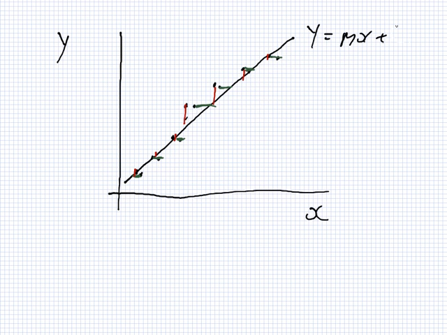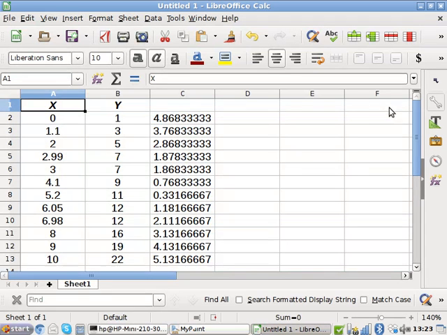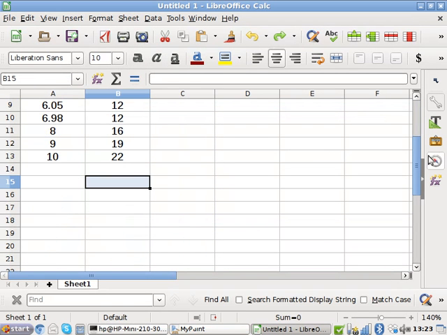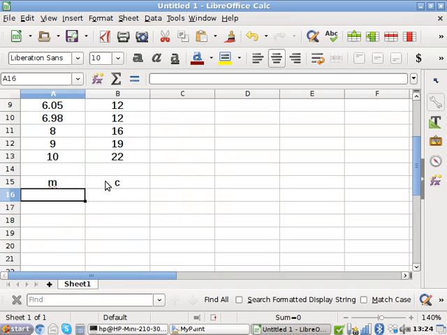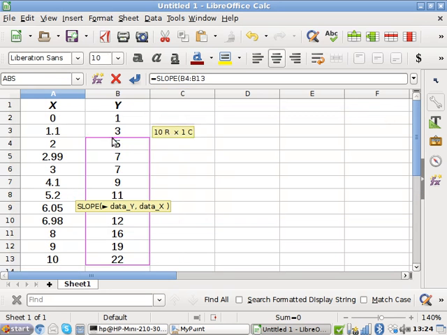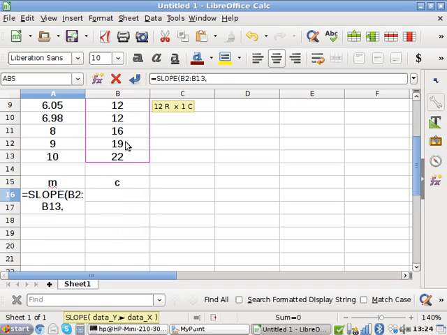And what's really nice is Excel can calculate the m and the c for us. So I'll undo. And here I'll write m, and here I'll write c. The formula to calculate m, you'll be pleased to know, is simply SLOPE. Then you highlight, now please be careful, the y's first, and for me I have to press comma, you may have to press semicolon or something different, and then you highlight the x's.